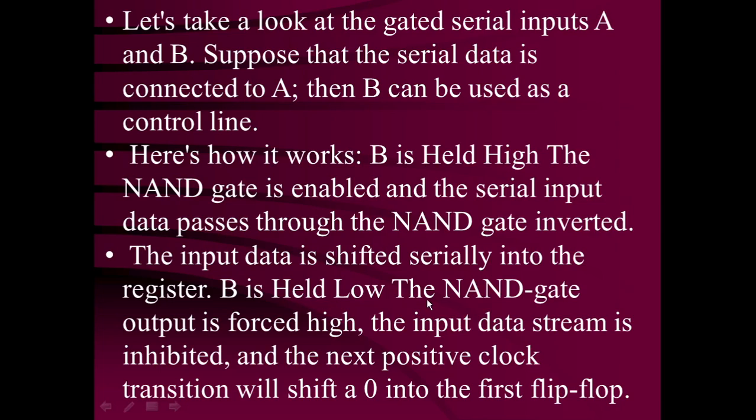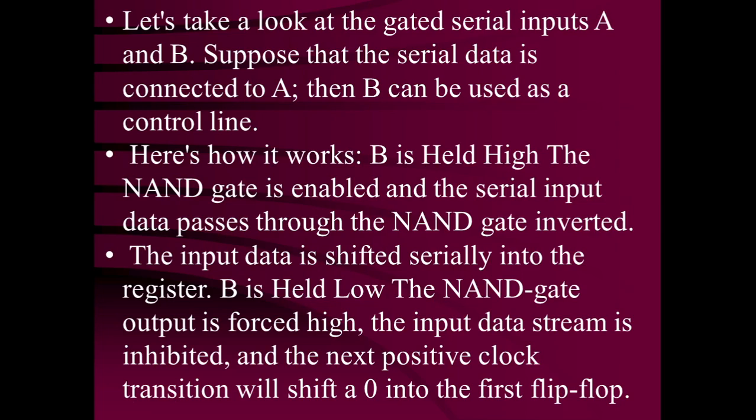So the R input of the first flip-flop is going to be 1 and S is going to be 0, because between R and S there is an inverter. That means the flip-flop is going to be reset on every positive clock transition. So the flip-flop remains reset, and on every clock transition only 0 is shifted into the first flip-flop.